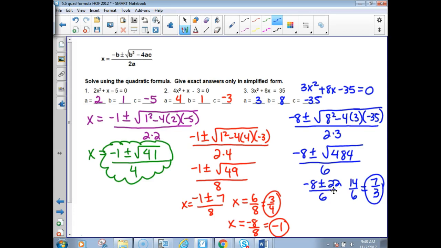And negative 8 minus 22 would be negative 30 divided by 6, gives us negative 5. So those would be the x-intercepts for that parabola. Anybody still need this page?